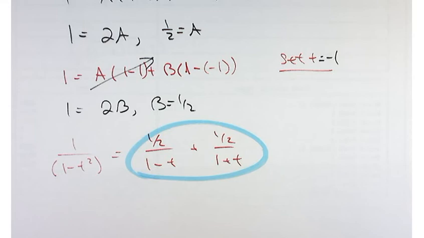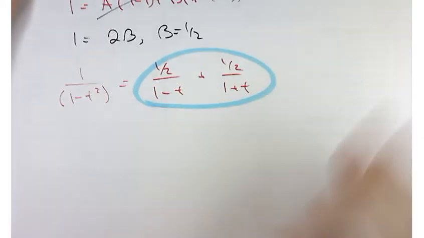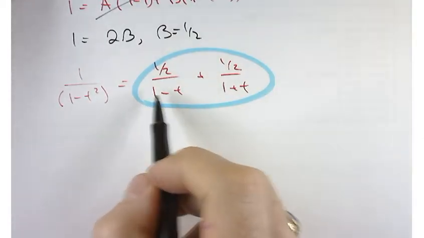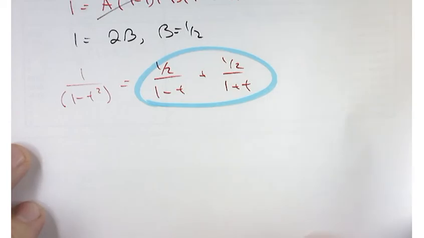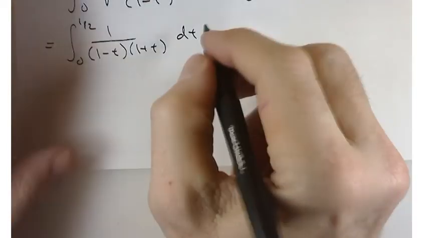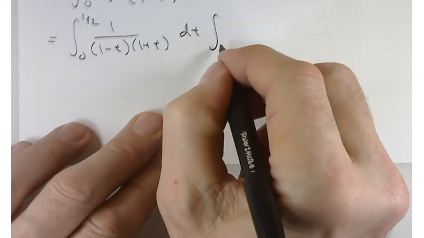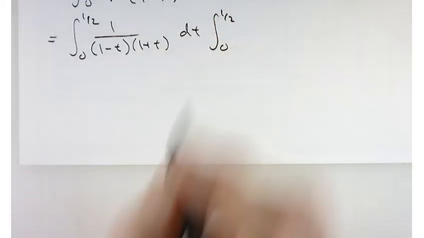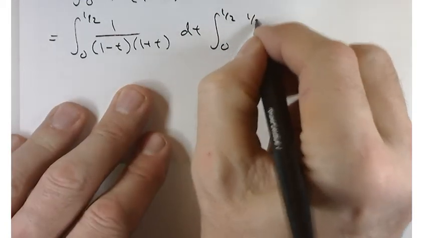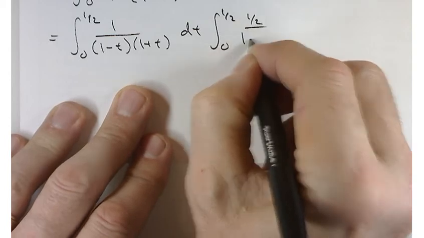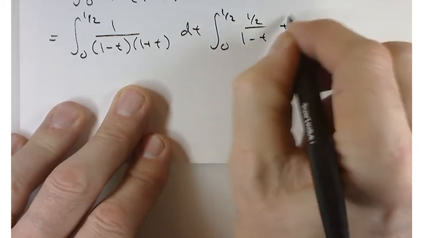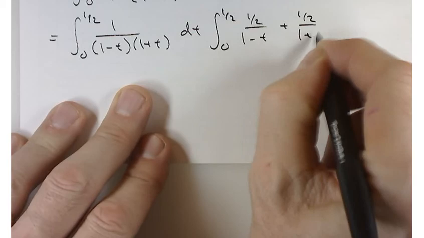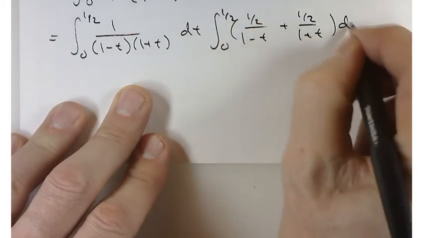So this is like 4 problems in one, which is really ultra cool. Let's finish this one up. So I want to take this result and plug it back into this integral. So it's going to be the integral from 0 to 1/2 of 1/2 over (1 minus t) plus 1/2 over (1 plus t) dt.